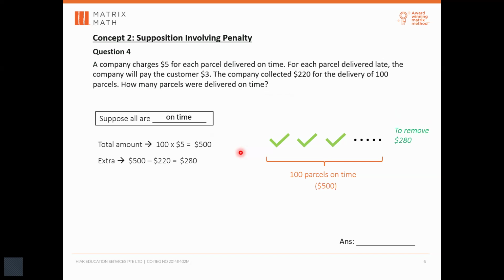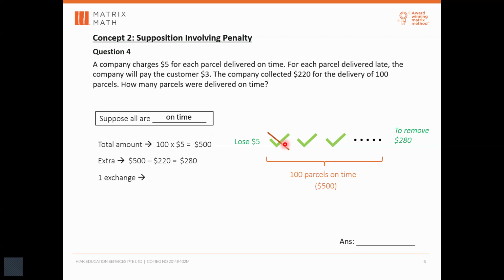So same thing, if you want to remove, what must you do? You have to exchange. Not all of them are on time. Some have to be delivered late. So for every exchange, I take away one on time first. Every on time is worth $5, so when I take it away, I'm actually losing $5.